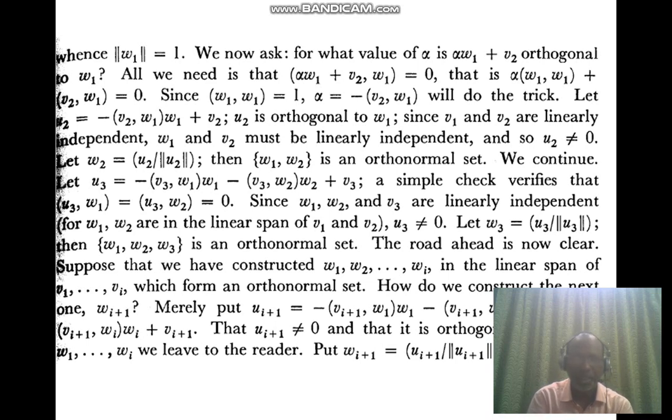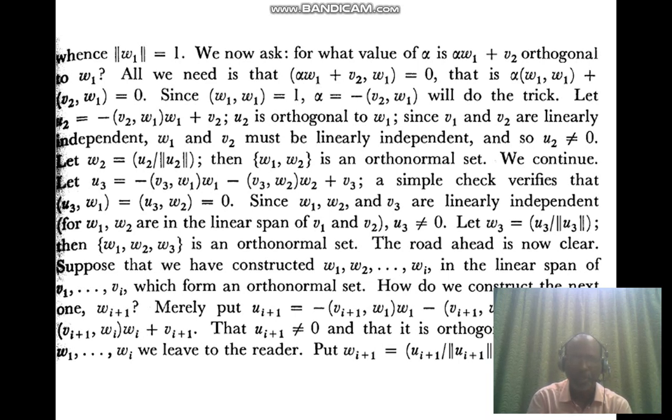u3 is minus (v3, w1) times w1 minus (v3, w2) times w2 plus v3. Now, if you take the inner product (u3, w1), it will be 0. If you take the inner product (u3, w2), it will be 0. So u3 is orthogonal to w1 as well as w2.